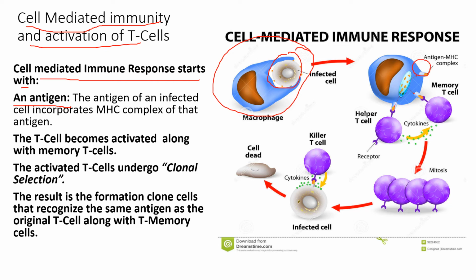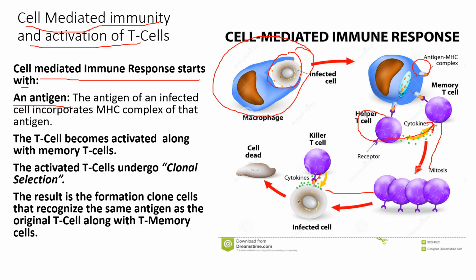Then your T cells will bind to that. And now notice how the T helper cell is going to release cytokines that are going to trigger and activate the memory T cells to make memory cells, and then also make clones to go after that specific bacteria, and send natural T killer cells after it.